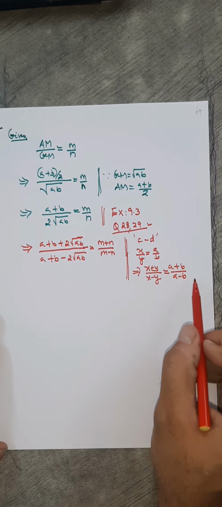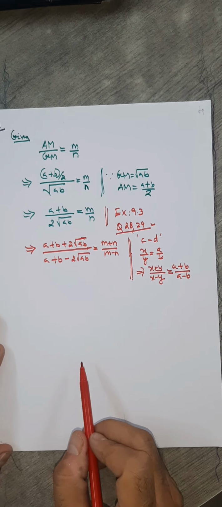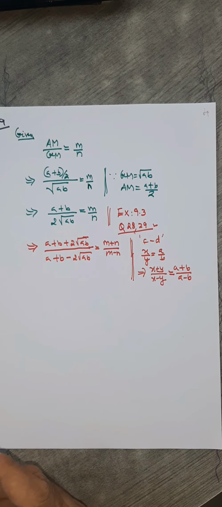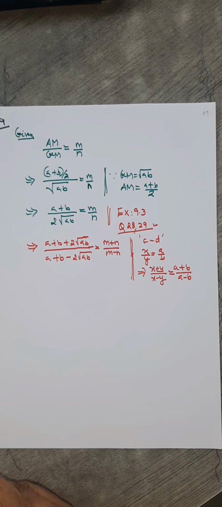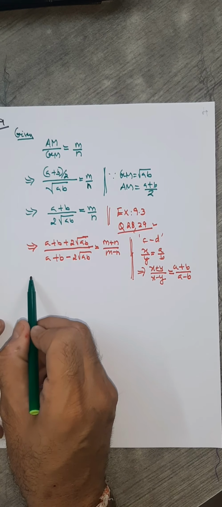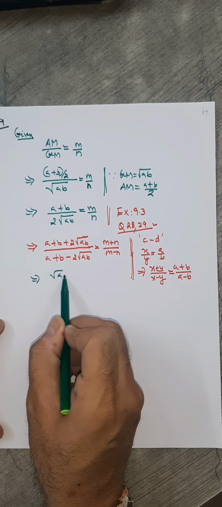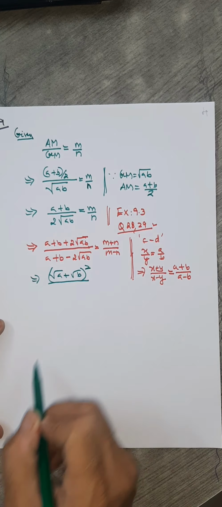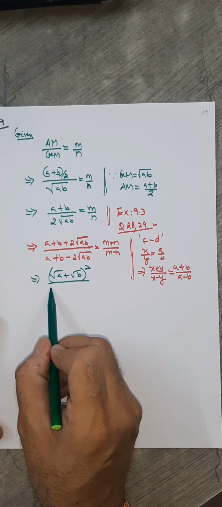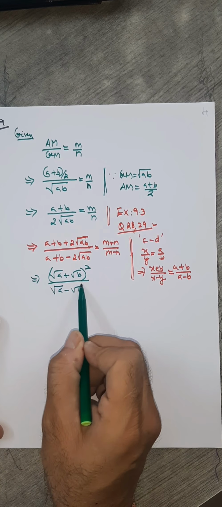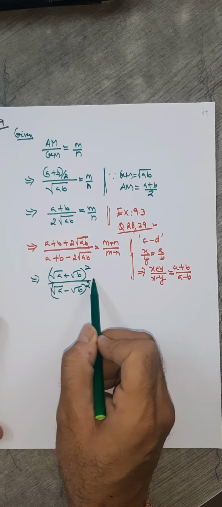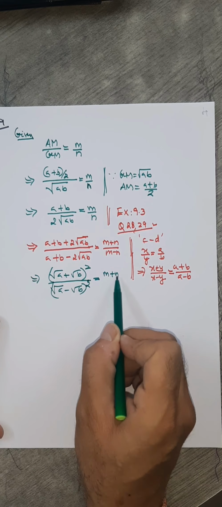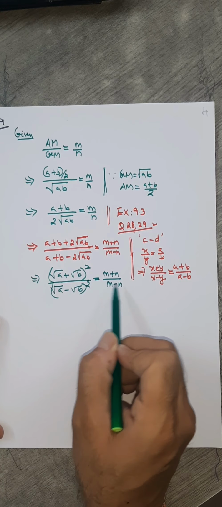You have subtracted, you have subtracted. That's what I did. Why I did it like this? Because now you observe the numerator. Numerator is a perfect square of what? Root a plus root b the whole square. What is the denominator? It is root a minus root b the whole square, equals m plus n upon m minus n.